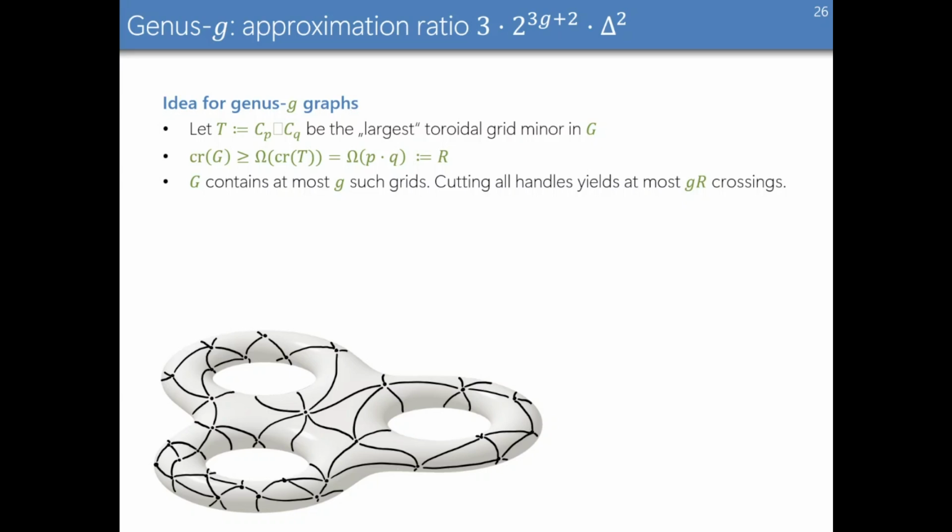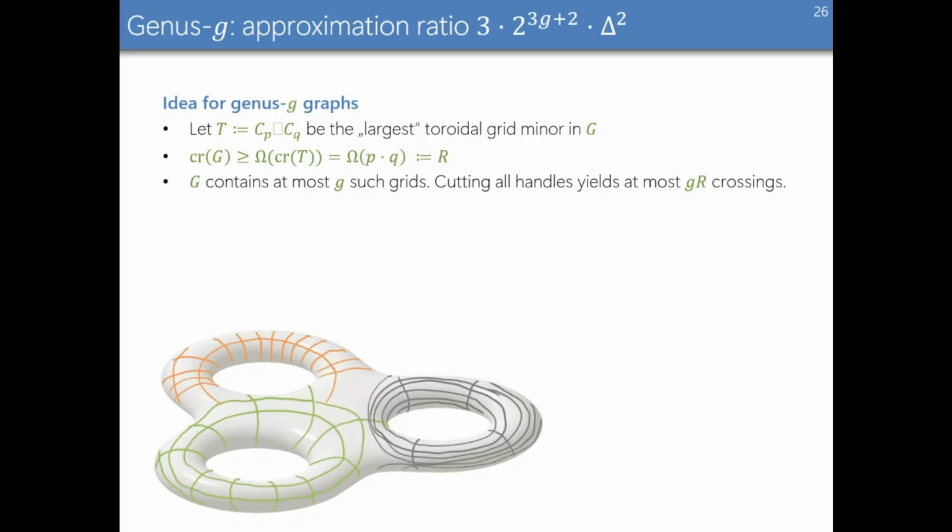It's just off by a factor of g because I cut many more handles than just one. So there are multiple grids on there. That's the simple picture I might think about. And I cut all of these grids. And the largest grid is somewhere in there. And in the worst case, it's all large grids.